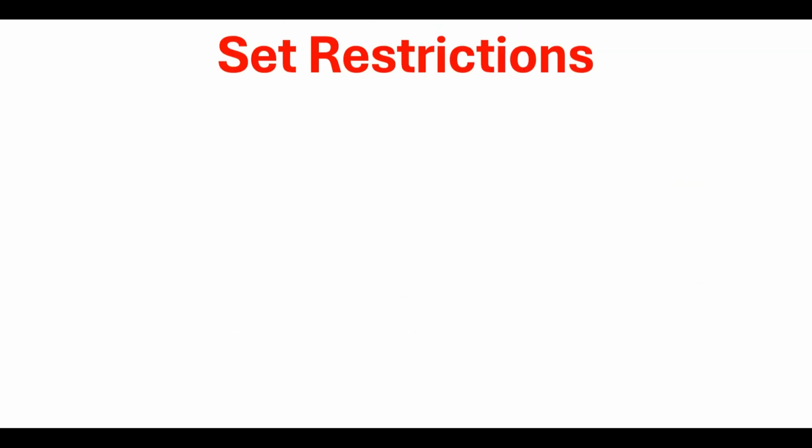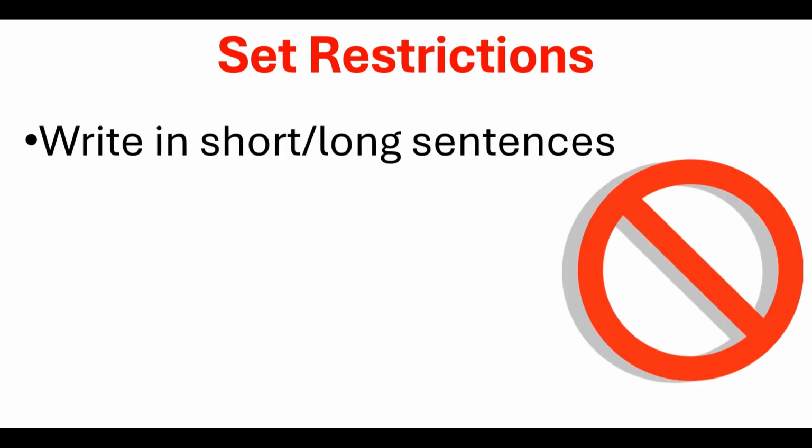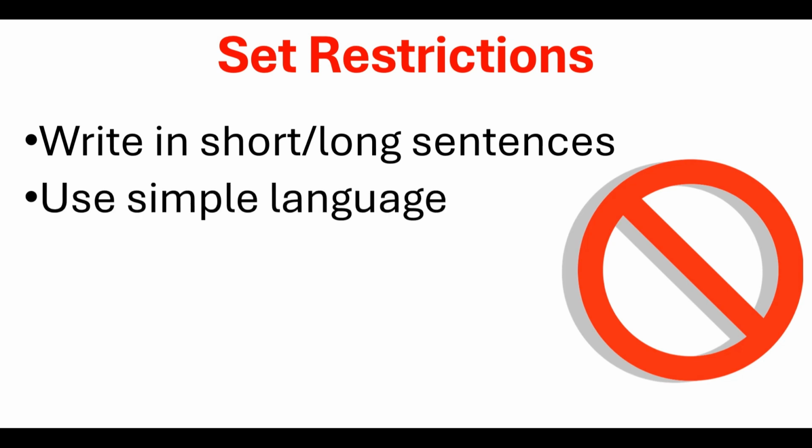The third step is to set some restrictions for ChatGPT. What are the restrictions? Write in short or long sentences. Whether the sentences are short or long, then you can use simple language, formal language, extra formal, or informal language.